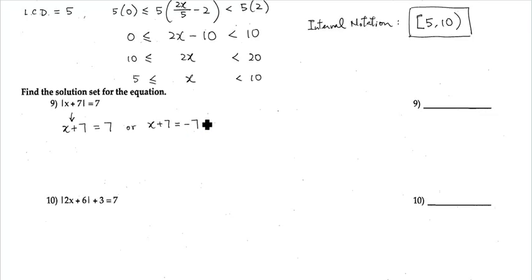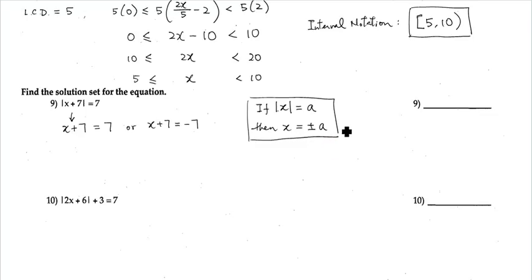We could have 2 possibilities, because if the absolute value of x is equal to a, then x would be equal to plus or minus a. X could be positive a or negative a.